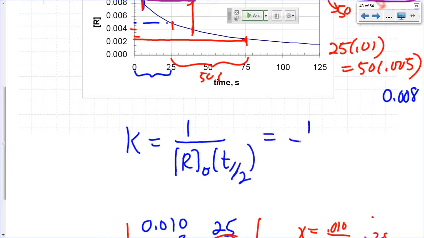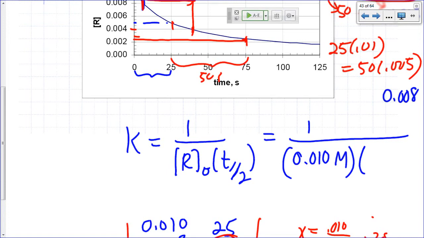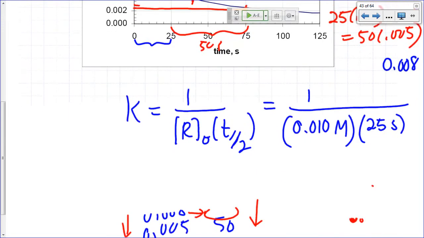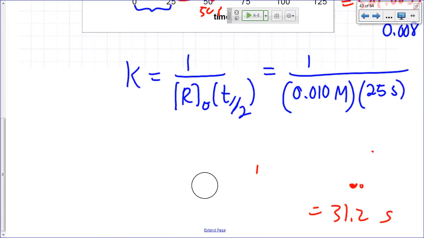Okay, so that's 1 over, what's our starting concentration? 0.010 moles per liter. And our half-life was 25 seconds. So that's equal to, what's 1 over 0.01 times 25? 0.01 times 25 is 0.25.